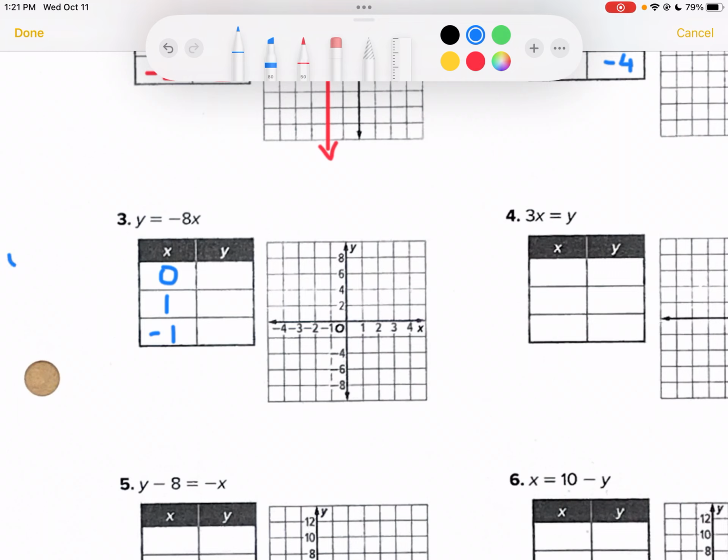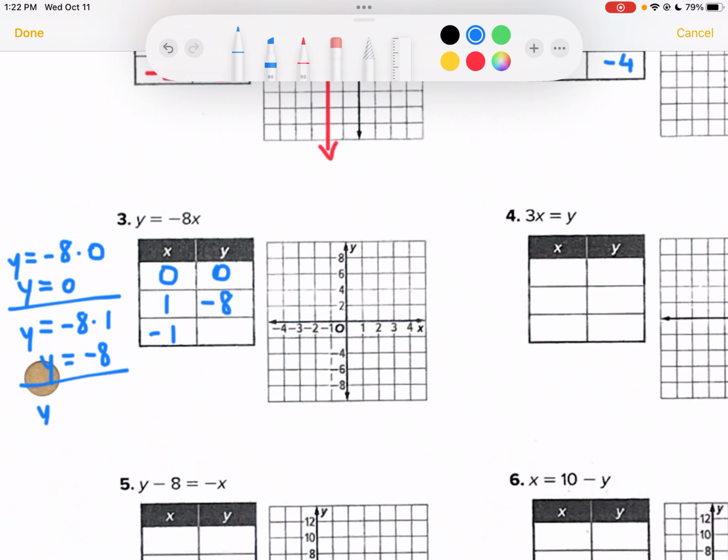So we're saying y equals -8 times 0. That's just going to be 0. Y equals -8 times 1. That's just going to turn into -8. Y equals -8 times -1. That's going to turn into +8.